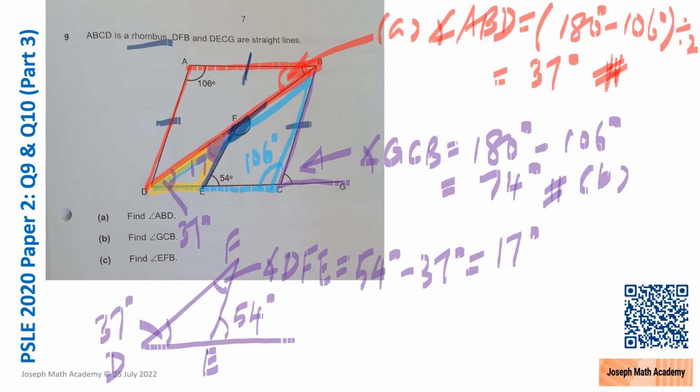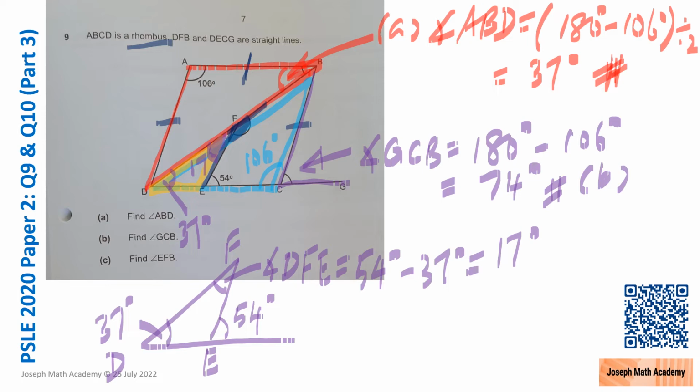This is 17. And 17 shares the same straight line DFG with angle EFB.